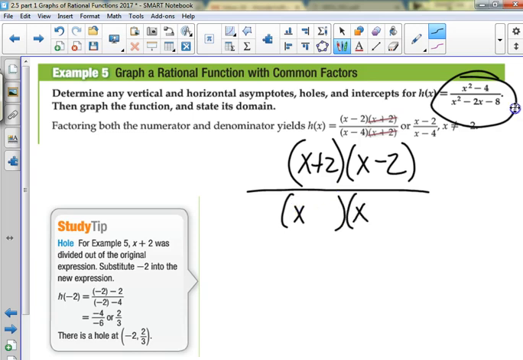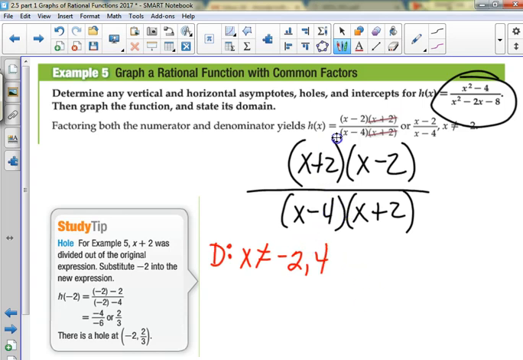X and x, factors of 8 that make negative 2, minus 4 and plus 2, okay? So the first thing you always look for is the common factor. That's why on your tan sheet, holes are at the top of the list, okay? Does this have a common factor? Yes. The domain, x cannot equal negative 2 or 4, okay?